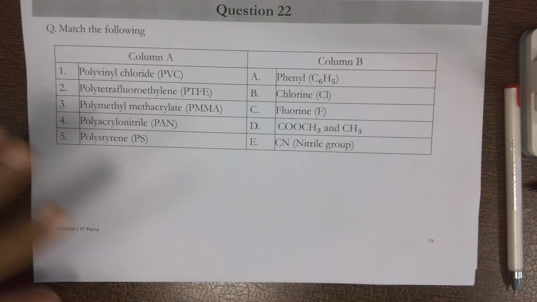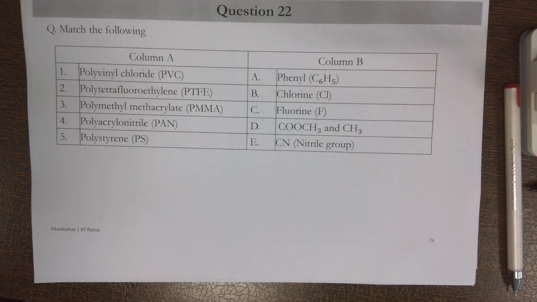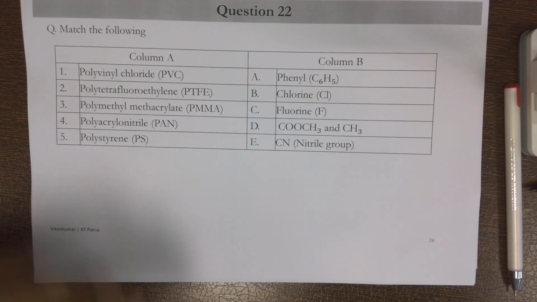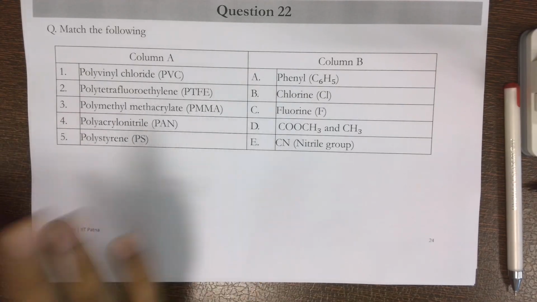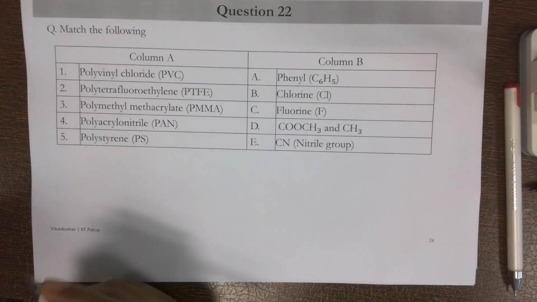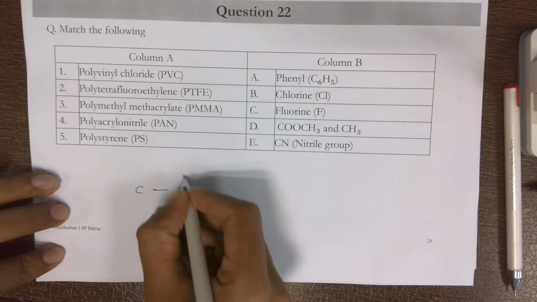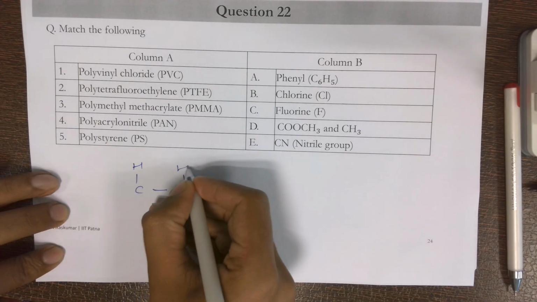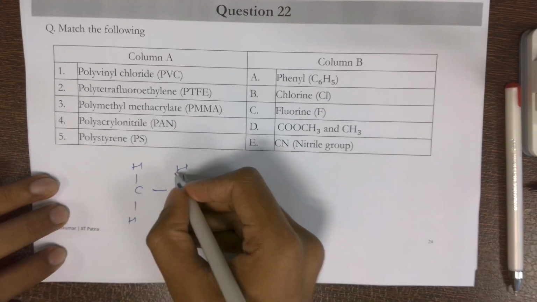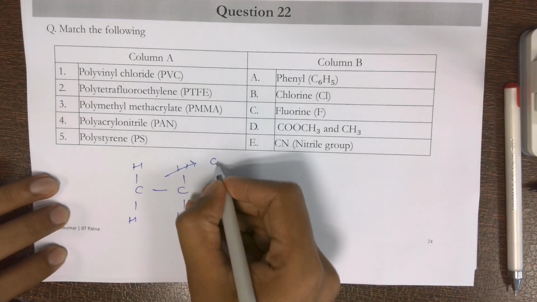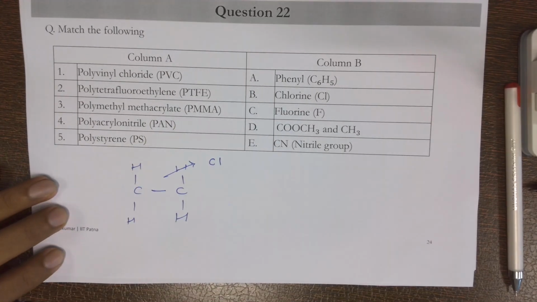Now this question is based on polymer structure, and the answer is completely based upon the monomer that we have used. For example, we have this particular monomer, and instead of hydrogen, if I replace it with chlorine, I will get vinyl chloride.